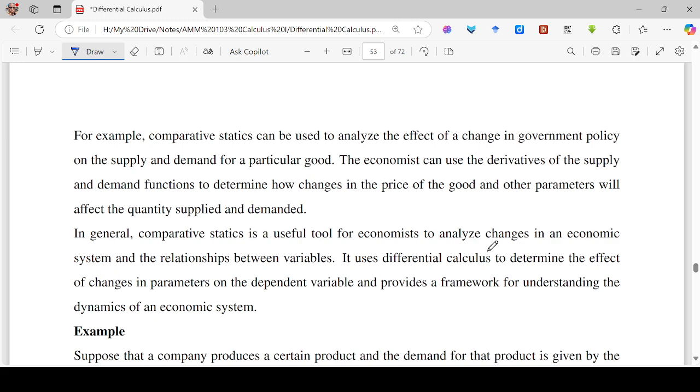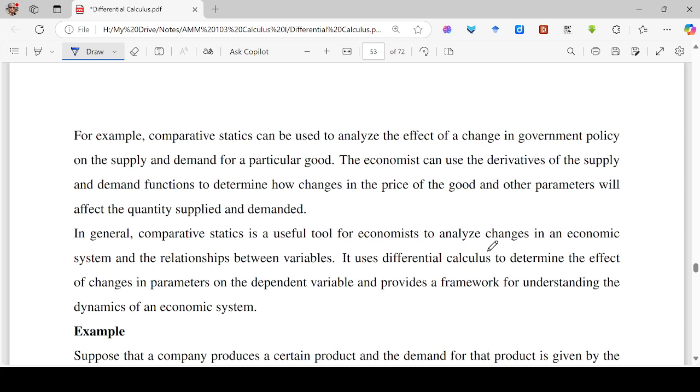For example, comparative statics can be used to analyze the effect of a change in a government policy on the supply and demand for a particular good or service. The economist can use the derivative of the supply and demand function to determine how changes in the price of the goods and other parameters will affect the quantity supplied and demanded.